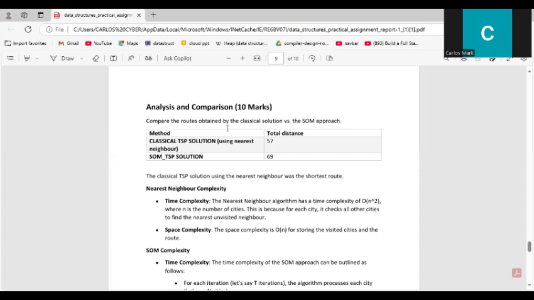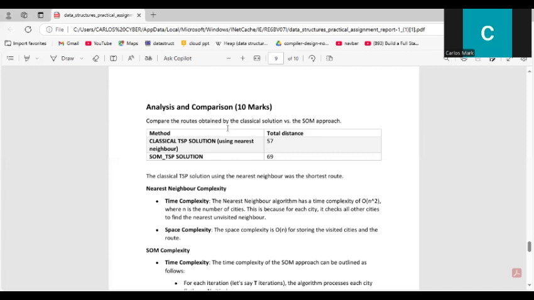Then from there it traverses all other cities while saving the next unvisited state. After traversing all the states, it returns to the start state, then completes.